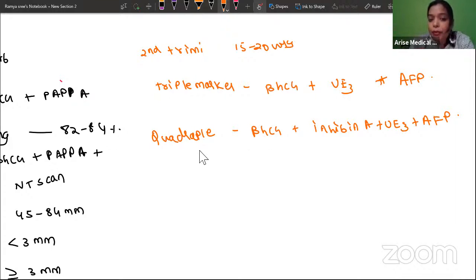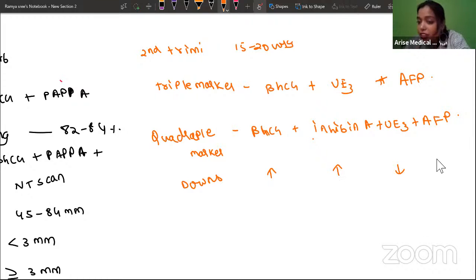And in this quadruple marker, H stands for high, I stands for increase. So for Down's, your H for high will increase, your I for increase also will increase, whereas unconjugated estriol and AFP both will decrease.